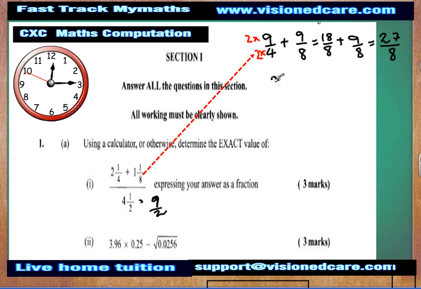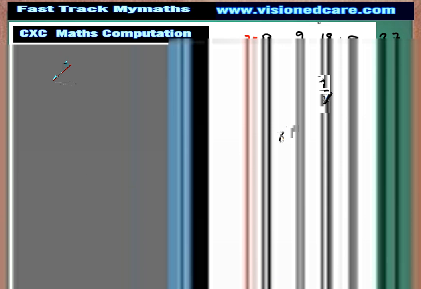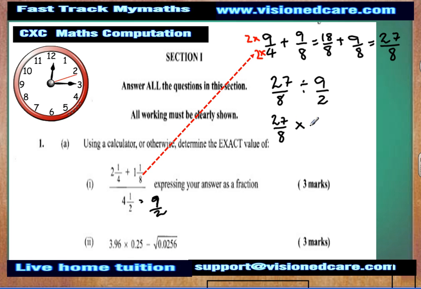So we have 27 over 8 divided by 9 over 2. So 27 over 8, we are dividing by 9 over 2. It is the same thing as multiplying by the reciprocal of 9 over 2, which is going to give us 2 over 9.